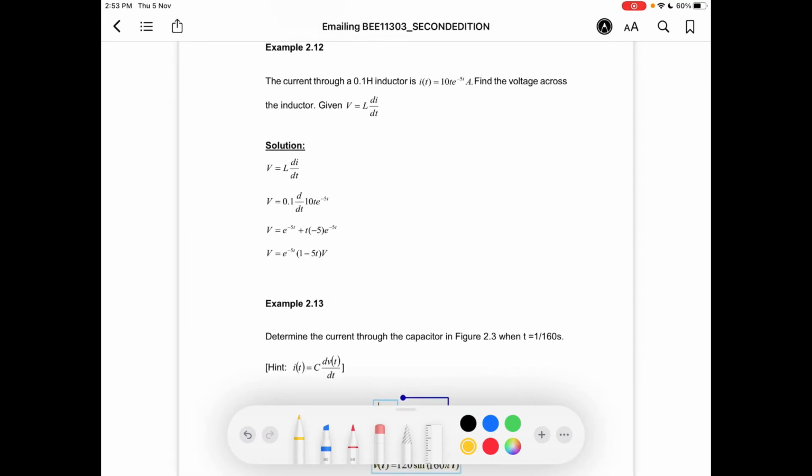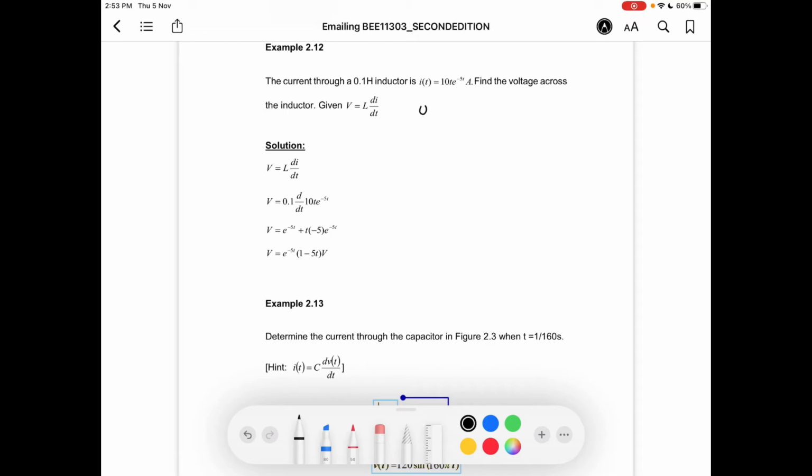So example 2.12. It's common that the question for this subtopic will be in a problem statement, so in the first place you need to extract the information.